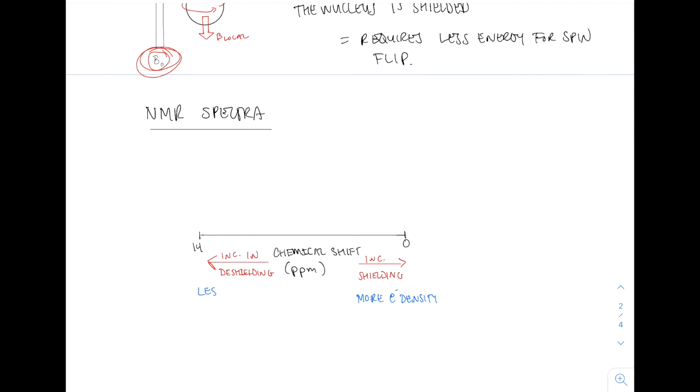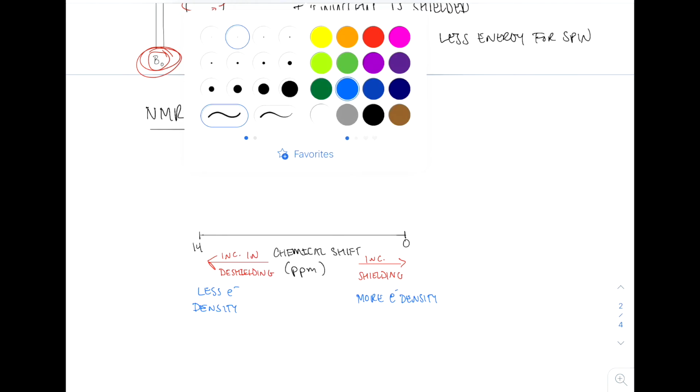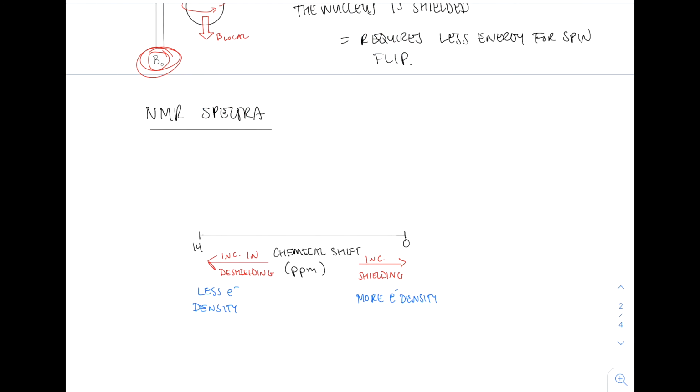And this side would have less electron density. This is going to be helpful in predicting where chemical shifts are going to be. If you have heteroatoms, then it's going to be de-shielded because they're withdrawing electron density from the nuclei of interest.